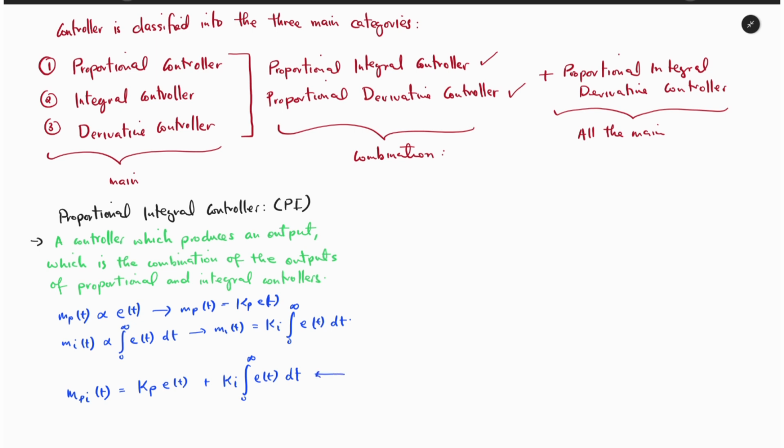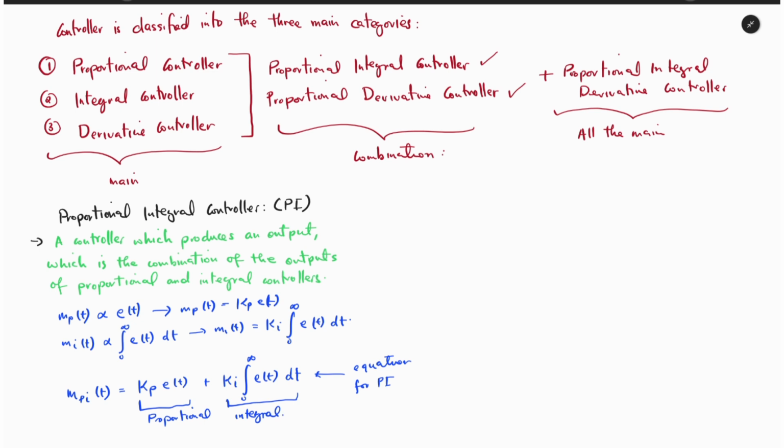So this now represents the equation for the PI controller, and it shows the relationship between using the proportional controller and the integral controller.